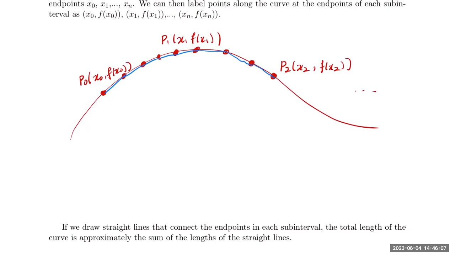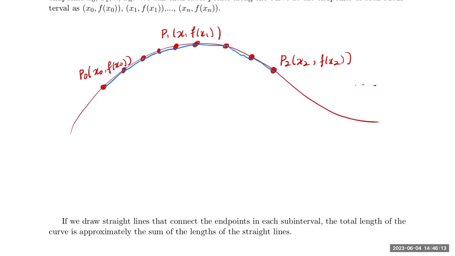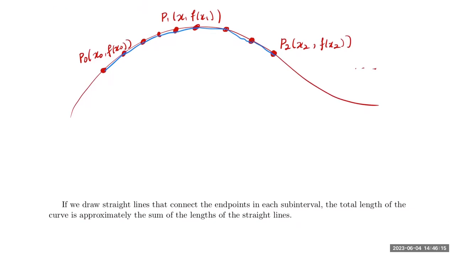So that's what we're trying to get at here. Okay, so if we draw straight lines that connect the endpoints in each subinterval, the total length of the curve is approximately the sum of the lengths of the straight line segments. So if we have infinitely many points, it will be equal to the length of the curve.